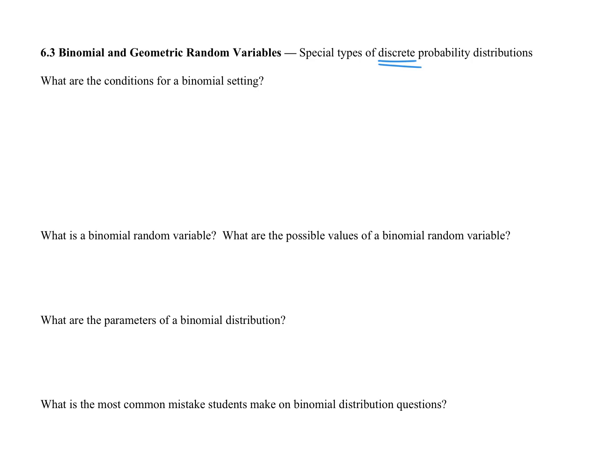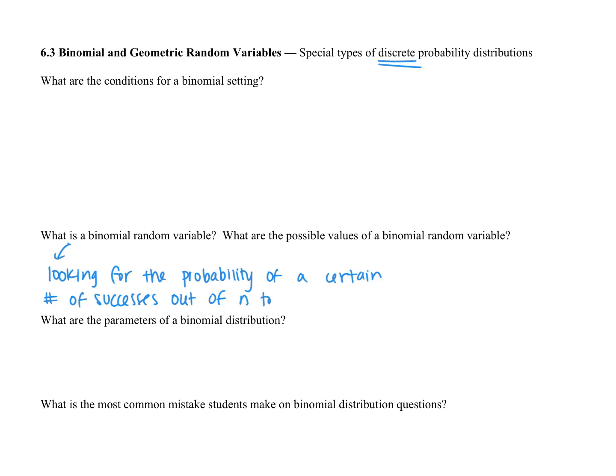Okay, so first I want to talk about what is a binomial random variable, then we'll talk about the conditions. So what is a binomial random variable? We are looking for the probability of a certain number of successes out of n trials.